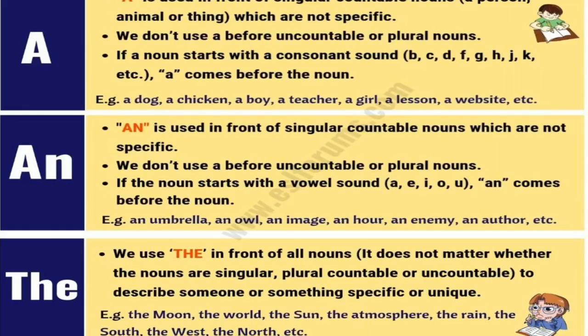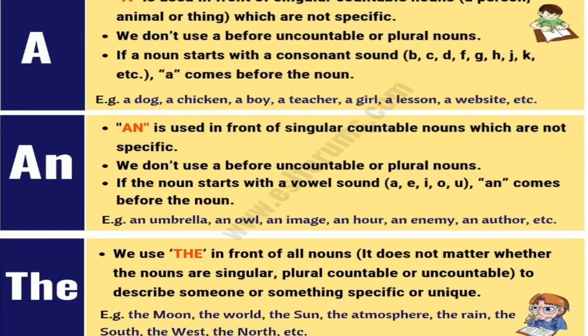For example, see here: an umbrella, countable; an owl, countable; an image, countable; an hour, countable; an enemy, countable; an author, countable. So here we are using an in front of countable nouns. Now coming to the.